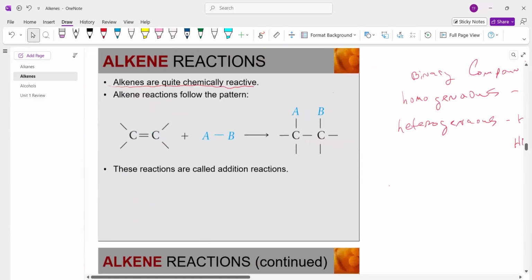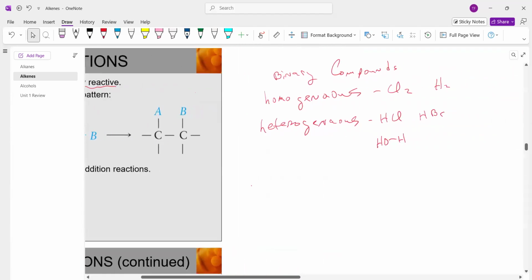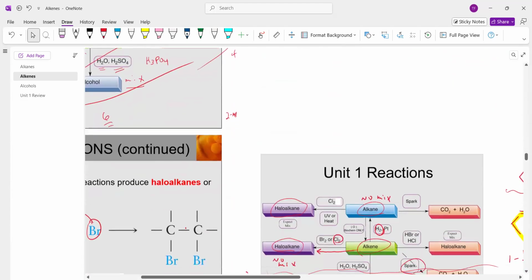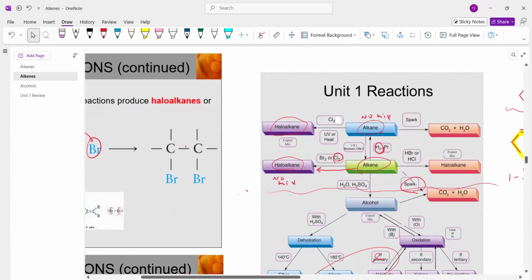Okay. So our first alkene reaction, and before I go into the alkene reactions, there were two reactions that I didn't talk about last week on alkanes. If we look at our flow chart, alkanes have two reactions.